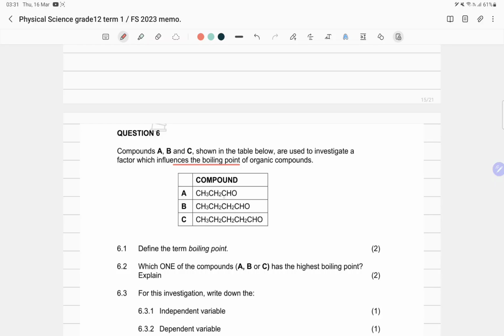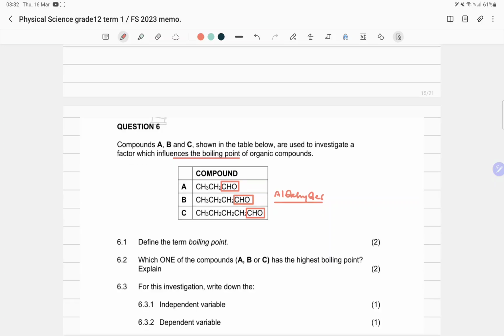Once you see stuff like this at the end of the chain, you know you're dealing with aldehydes. Okay, always remember that. Once you see that CHO at the end, those are aldehydes. Okay, thank you very much.